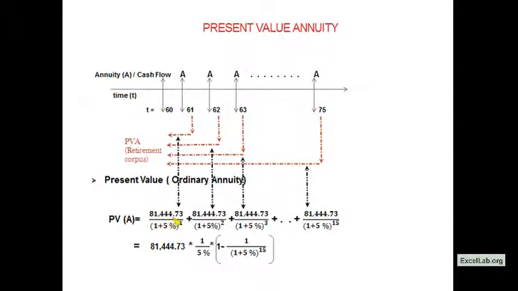This 81,444 he requires each year, and this is the discounting formula. Since we are dividing by 1 plus 5% raised to 1, this is for the 61st year, so we come backward. It's discounting. Similarly for 62, we'll discount for 2 years. When he turns 63, we'll discount for 3 years. Similarly, when he turns 75, we'll discount for 15 years. This is how it looks, and we'll check in Excel.